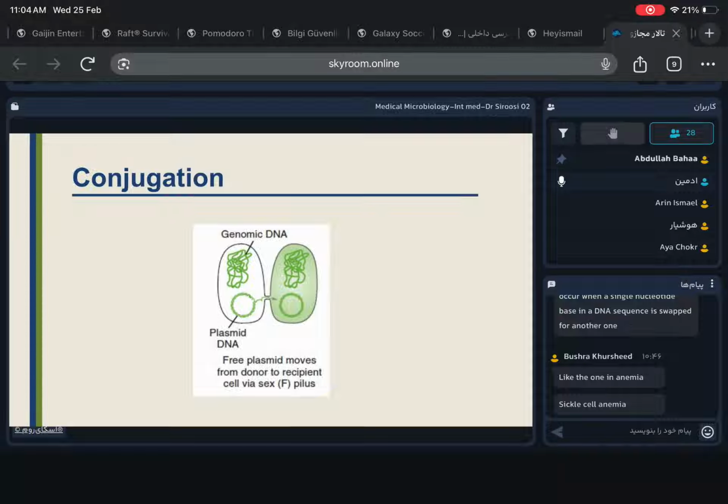Basically, this sex pilus forms a physical bridge between the donor cell and the recipient cell. During the process of transferring the plasmid through the sex pilus, a single strand of the plasmid is transferred into the recipient cell, and the synthesis of the complementary strand is happening inside the recipient cell.